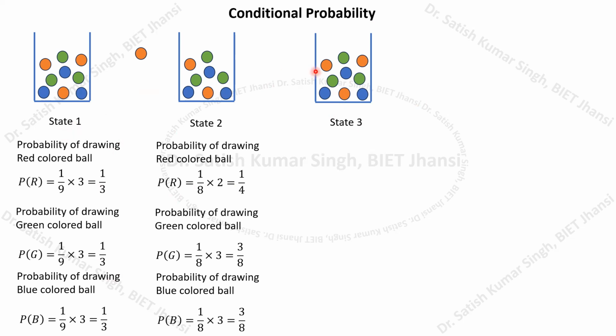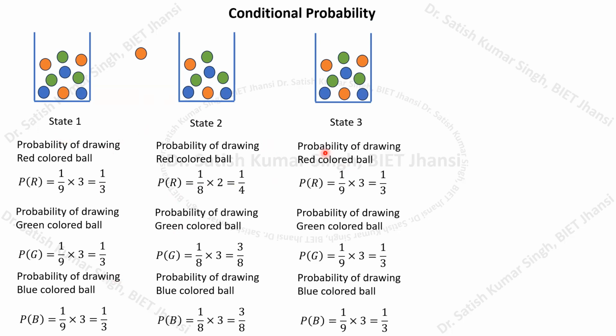So again we have 3 red balls, 3 green balls and 3 blue balls. If you wish to calculate the probability of drawing red, green, or blue, obviously it will remain the same as it was in state 1. So we can rewrite these probabilities: it will again be 1 by 3, 1 by 3, and 1 by 3.